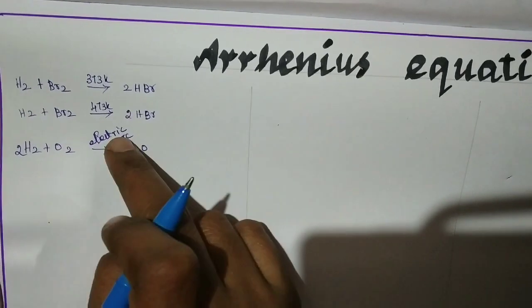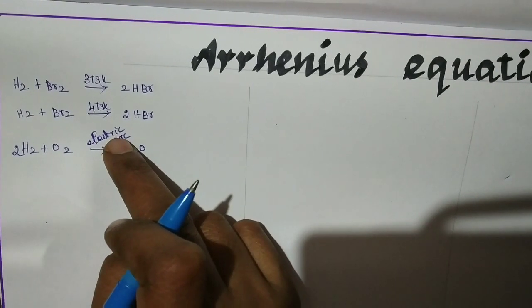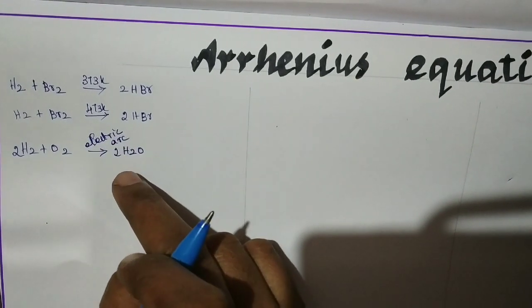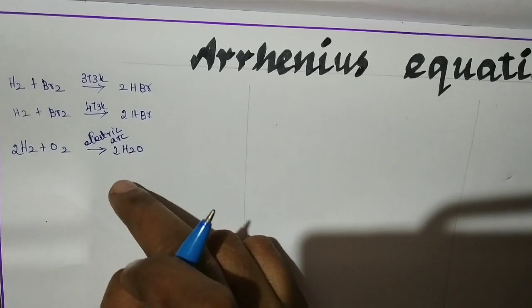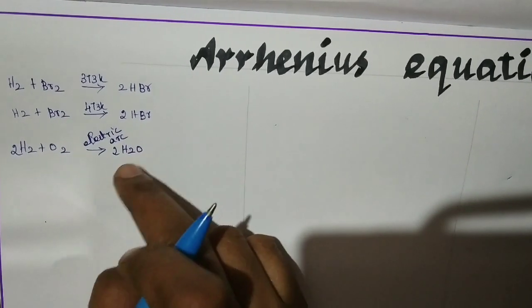In the presence of an electric arc, a spark is produced, certainly the temperature is high, and it fuses to give water.